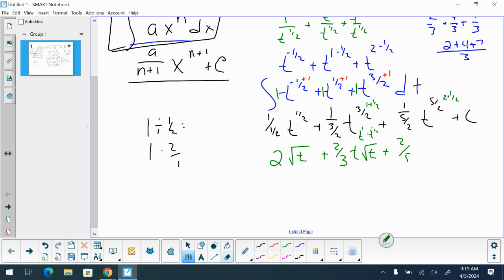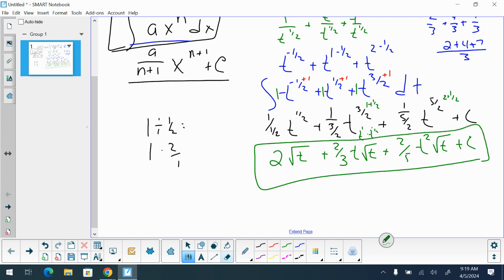This gives me 2.5. So we have t squared square root of t plus c. I could factor if I wanted to a square root of t out, but we don't need to. We're good with that.